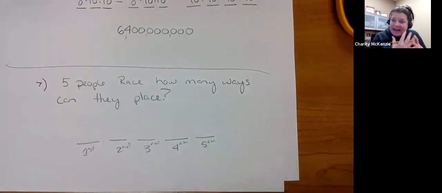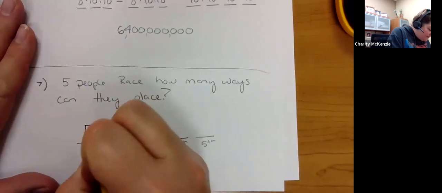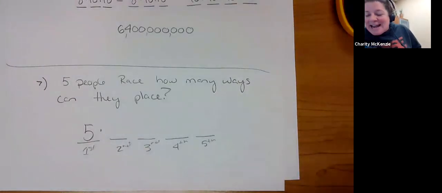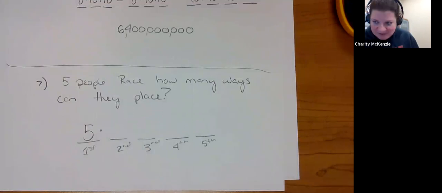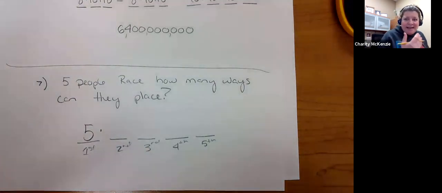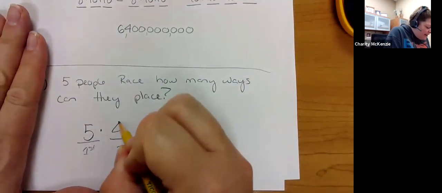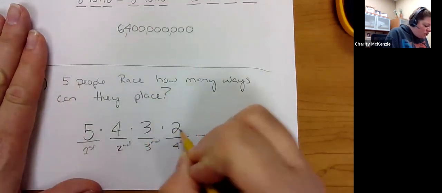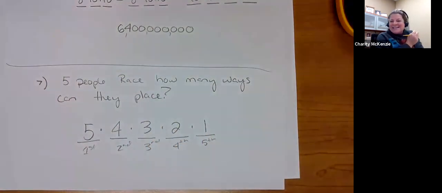All 5 could get first place. But if someone is first place, now how many options do you have for second place? 4, because 1 person has to be first place. We don't know who, but then we have 4 here, and then we'd have 3, and then 2, and then 1, because somebody has to get it.